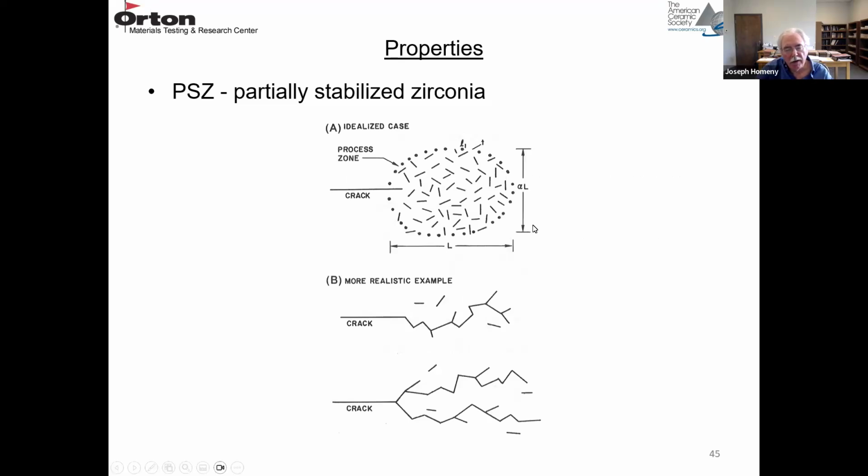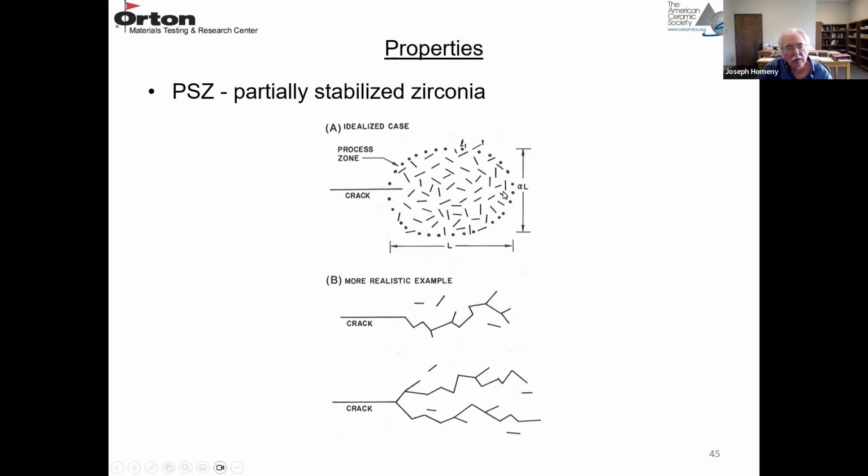So this is what happens in this material with the monoclinic zirconia. Some schematic diagrams: here's a crack moving from left to right. This is your frontal process zone where the stresses are very high. You have these microcracks, and they're going to continue to grow in size and absorb energy.